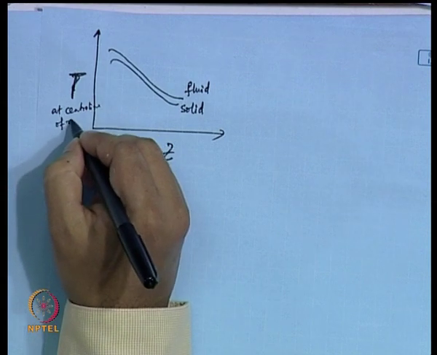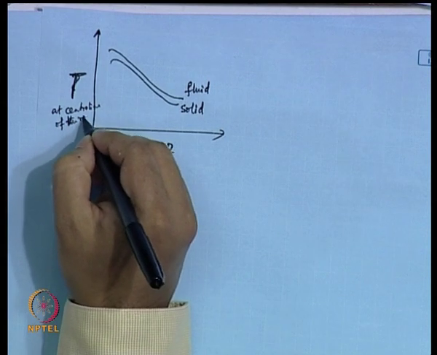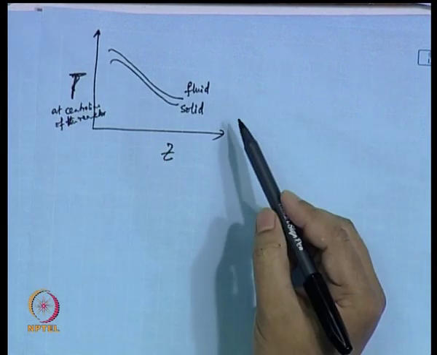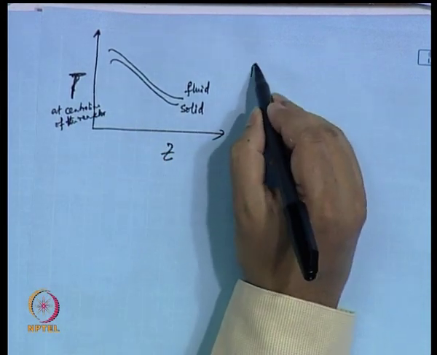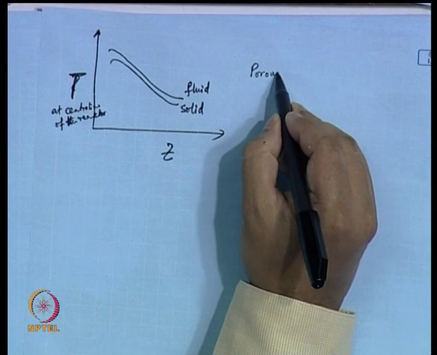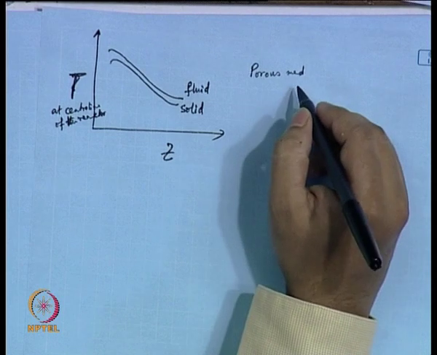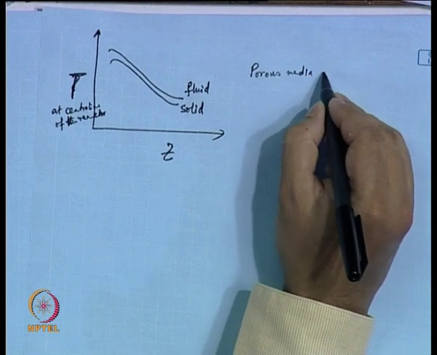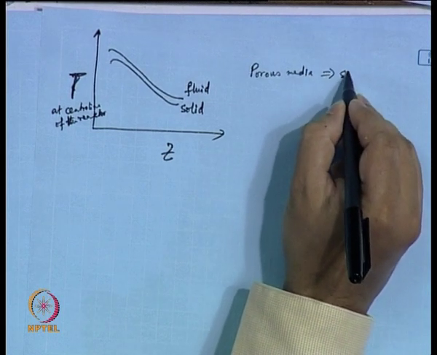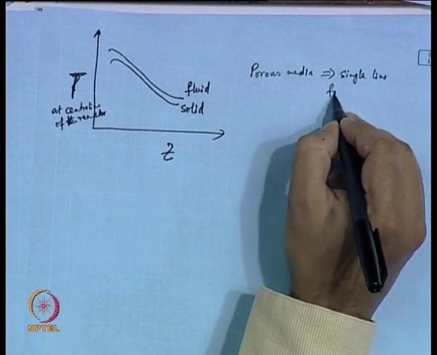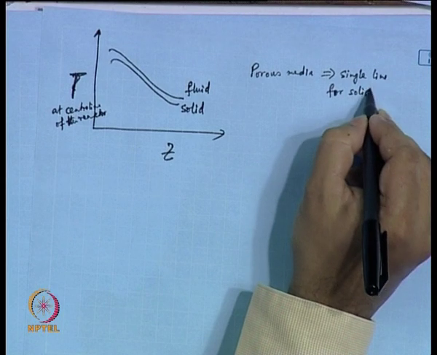of the reactor, as a function of this. So, in case of porous media model, you will have a single line for solid and fluid.